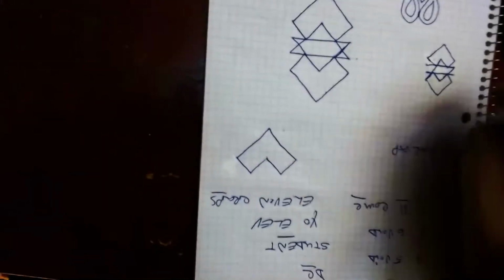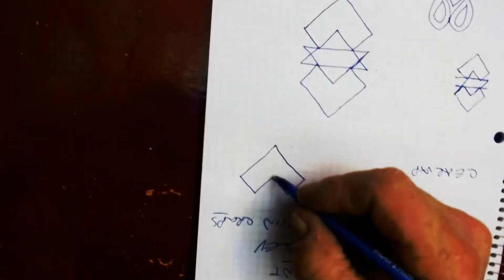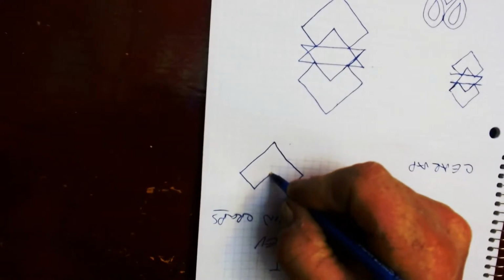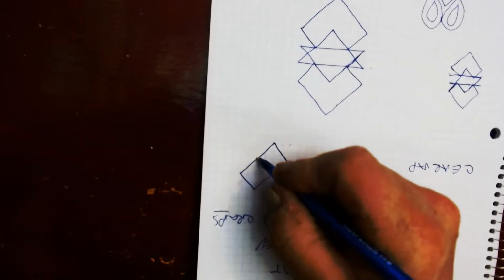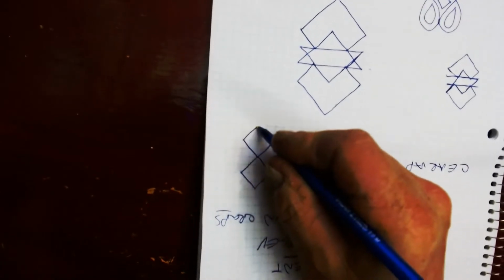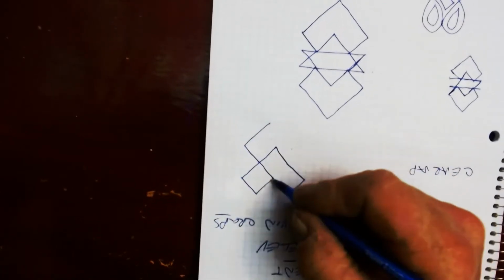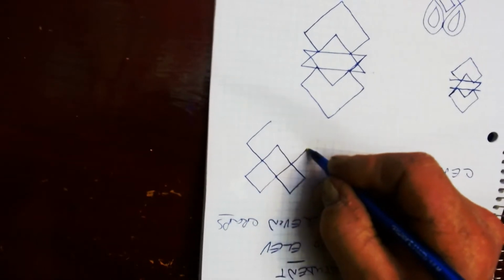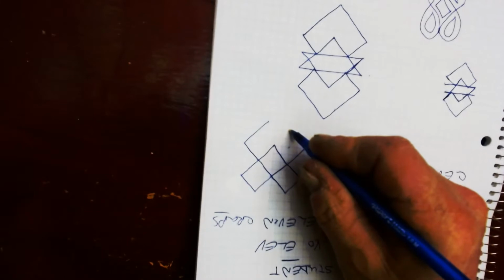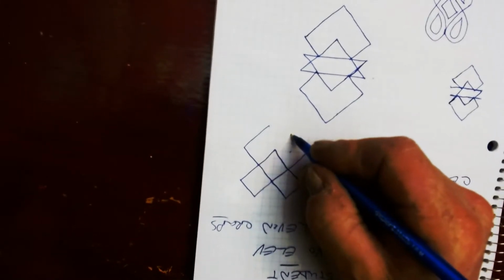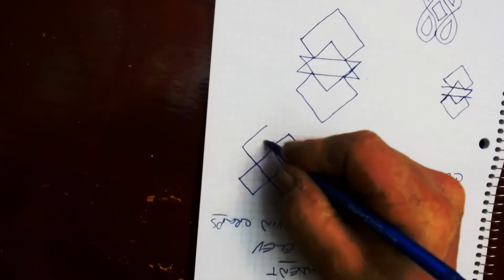I have to turn my book upside down, and I have to go 1, 2, 3, 4. 1, 2, 3, 4. Now I have to go 1, 2. I have to go 1, 2, 3, 4. I have to go 1, 2. Then I go in here and up here.